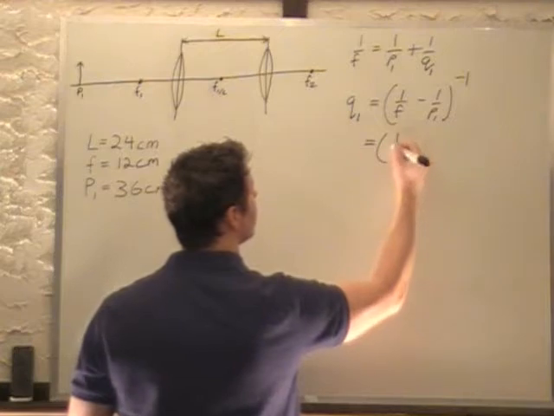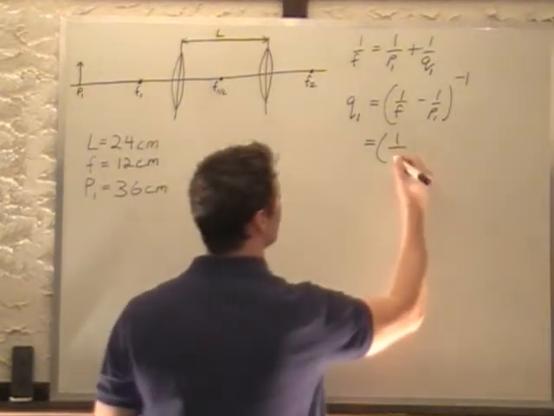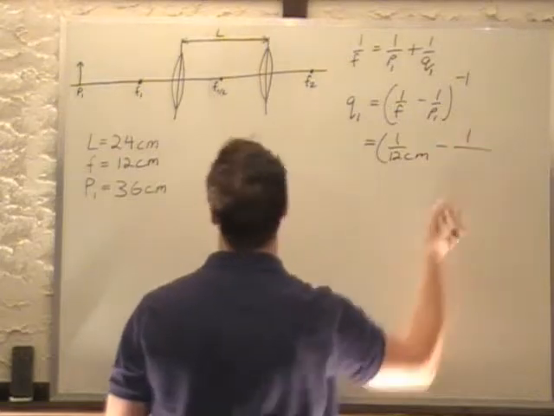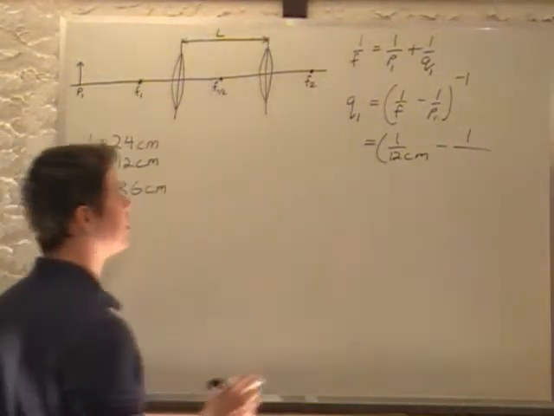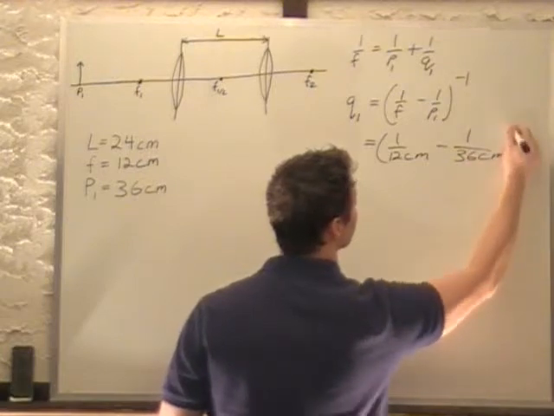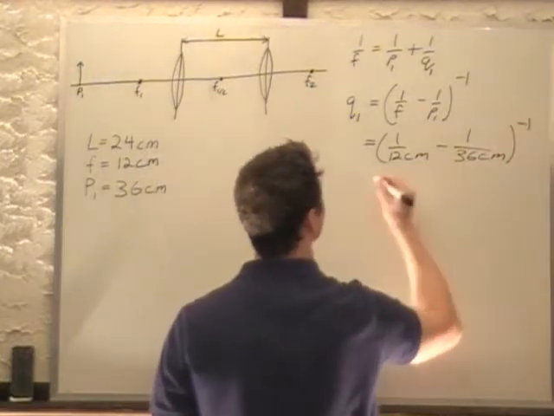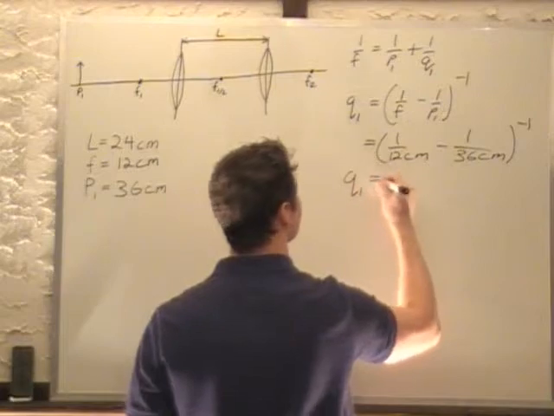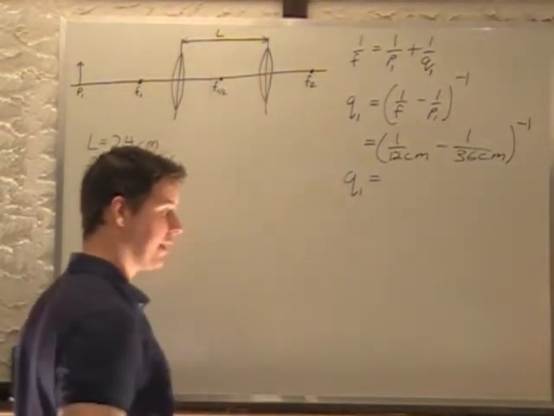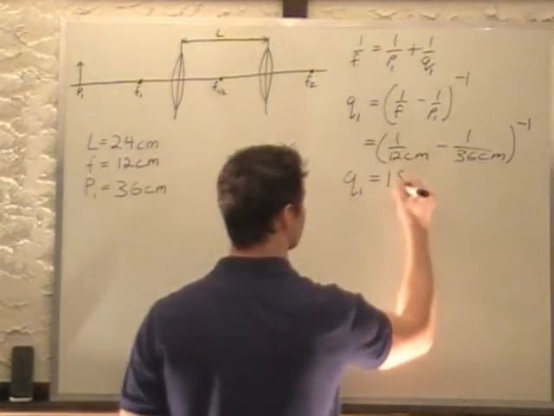Plug in my values: 1 over 12 centimeters minus 1 over 36 centimeters. Inverse. So Q1 turns out to be, after we plug those numbers in and invert it, 18 centimeters.